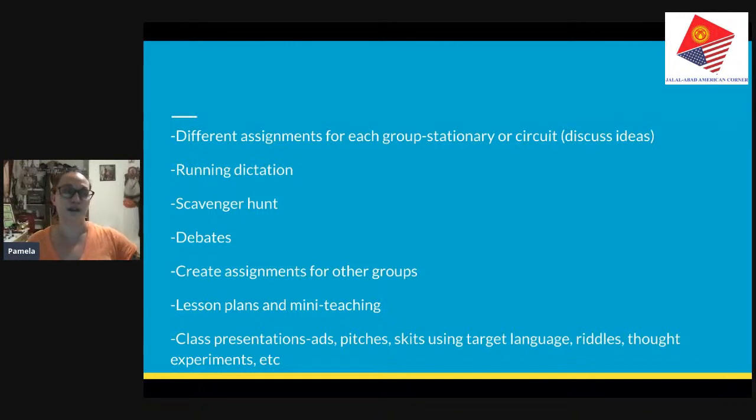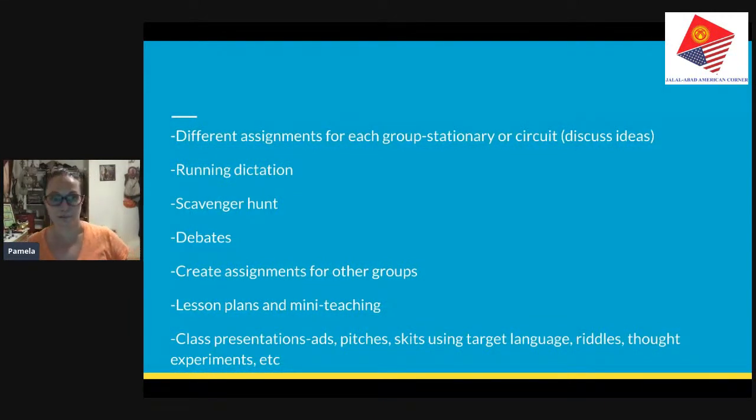And again, you can do that with each group at different levels. So you have beginners, maybe beginners will do one particular assignment, or you can have everybody mixed up and say, okay, I want you to give the next lesson to everybody else, and this is how you're going to do it.